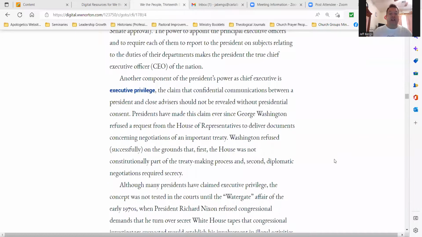One of the things that you'll hear a lot today concerning the president's executive power is executive privilege. This is the claim that communications between a president and his close advisors should not ever be revealed unless the president gives consent.